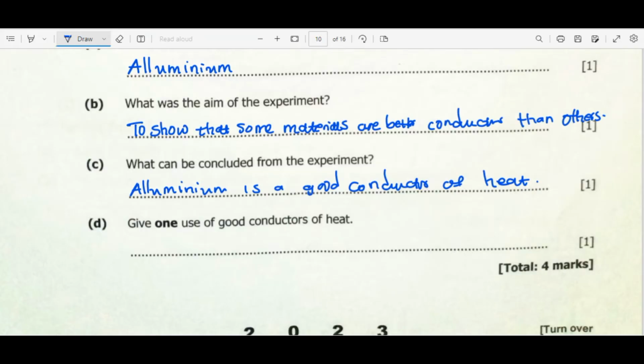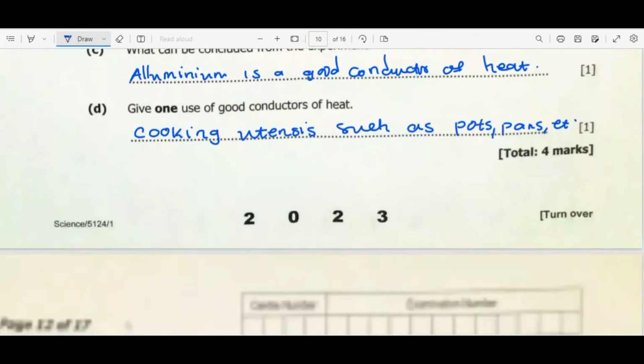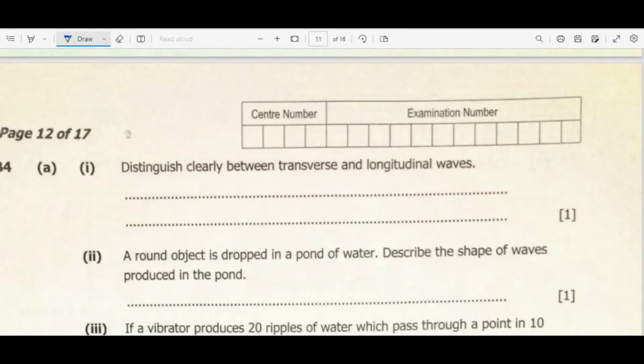So say cooking utensils such as pots, pans, etc.